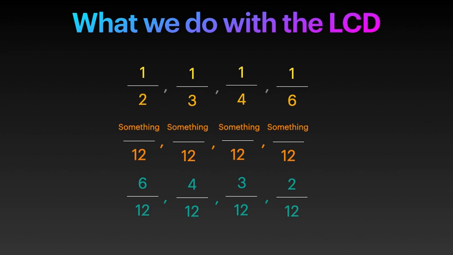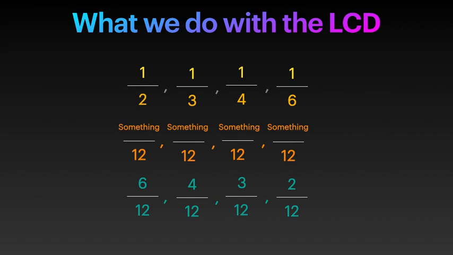Our next fraction is quarter. Here denominator 4 turned into the LCD 12. It ought to be multiplied by 3. Therefore, we multiply 1 by 3 to get the equivalent fraction with denominator 12. Again the next fraction is 1/6. Here too 6 has become 12, so it must have been multiplied by 2.